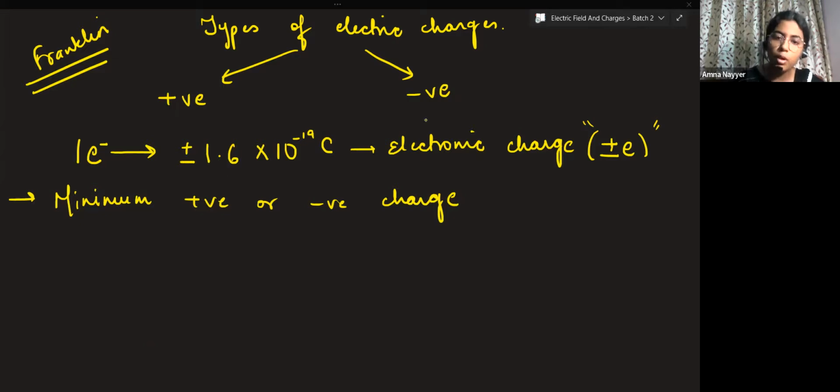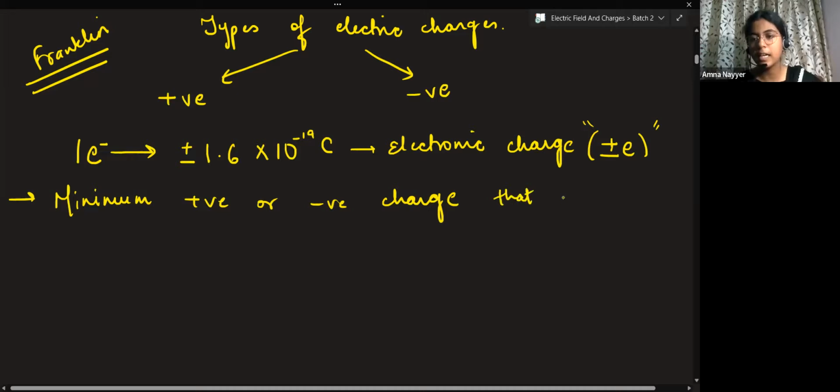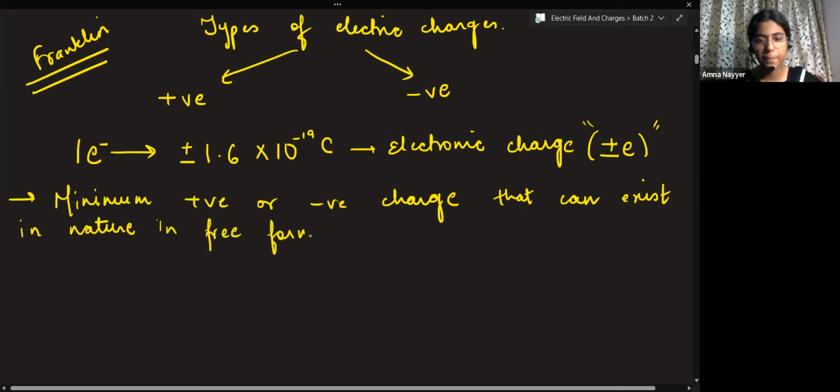So the minimum positive or negative charge that can exist in nature in free form is plus minus 1.6 into 10 to the power minus 19 coulombs.